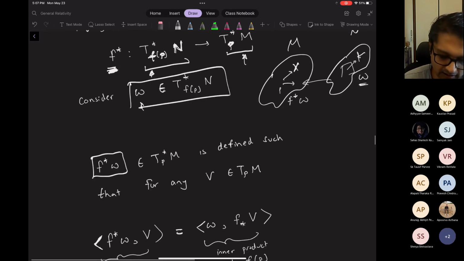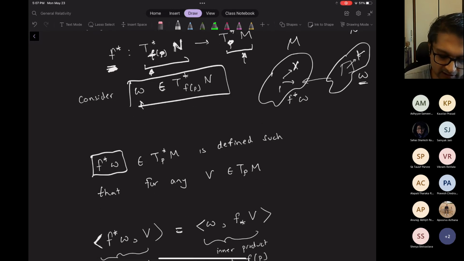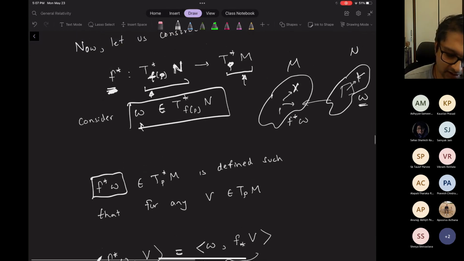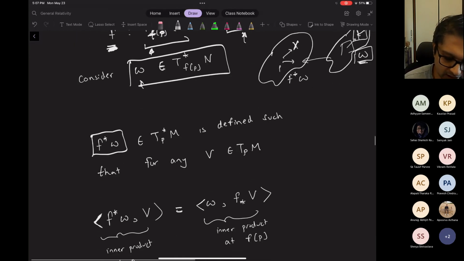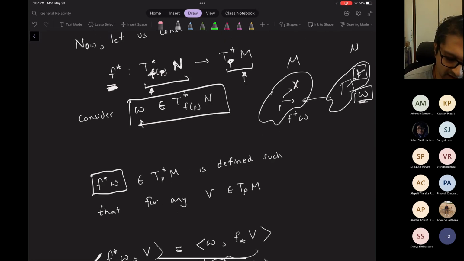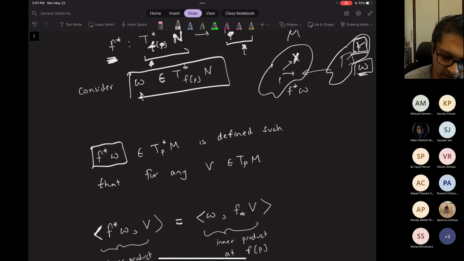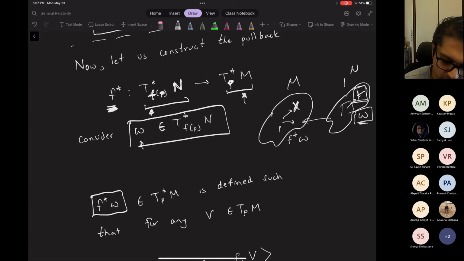We define it using the inner products between dual vectors and vectors. If I have a vector X whose push forward is F lower star of X, remember, F lower star is the push forward map, or the differential map.